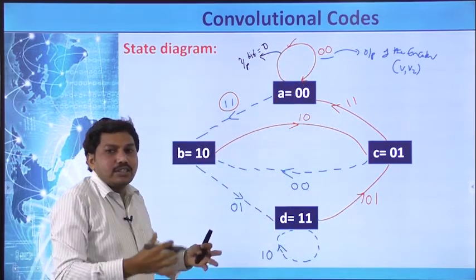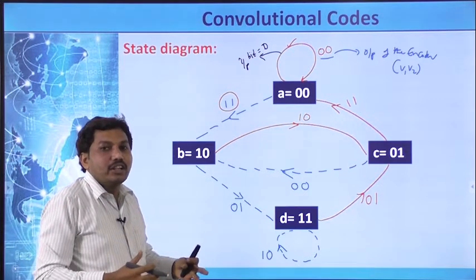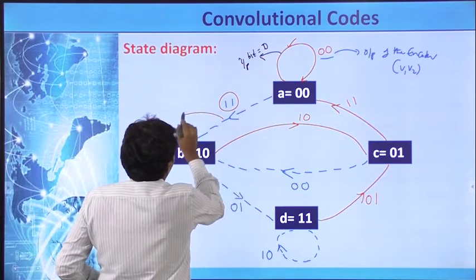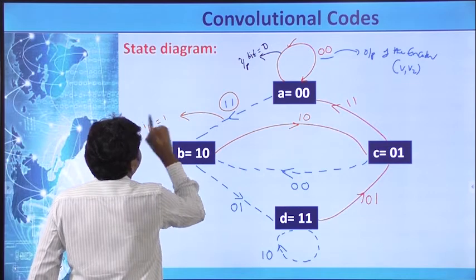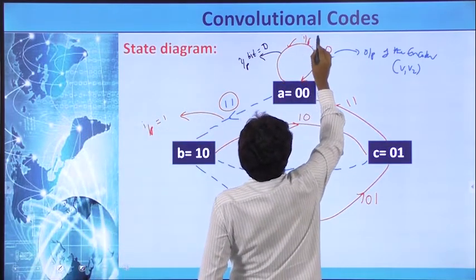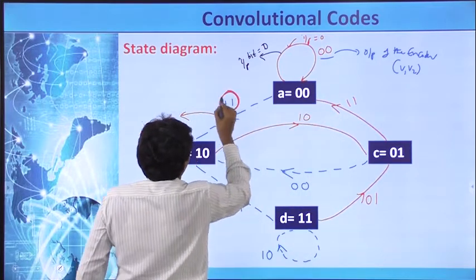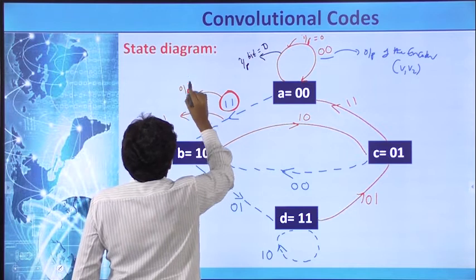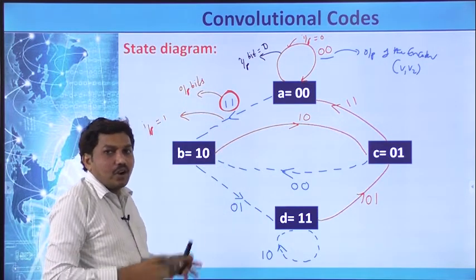When the input is 1, the branch is represented with a dotted or dashed line. So this one is input 1, this one is input 0, and the digits represented here are nothing but output bits.